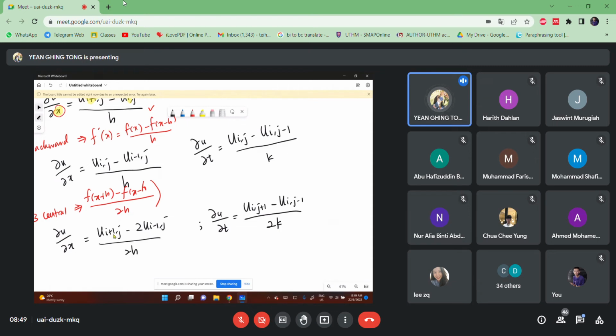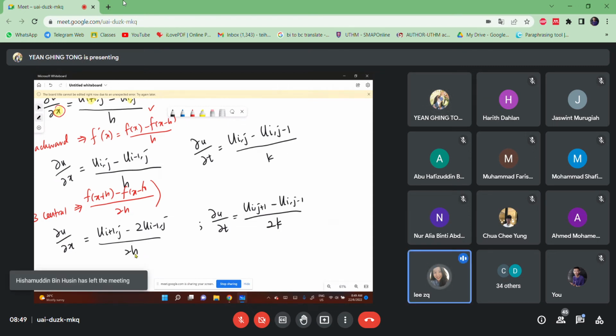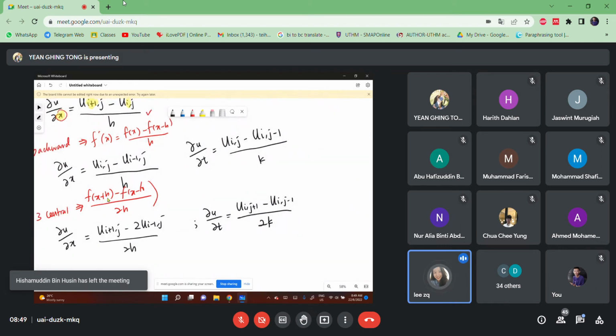What do you mean, 2 on top, 2 at the bottom? Because if you look at the top, it's fx minus h, but at the bottom it becomes 2Ui minus 1 with j. Okay.